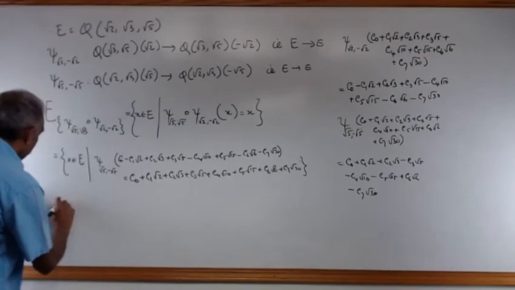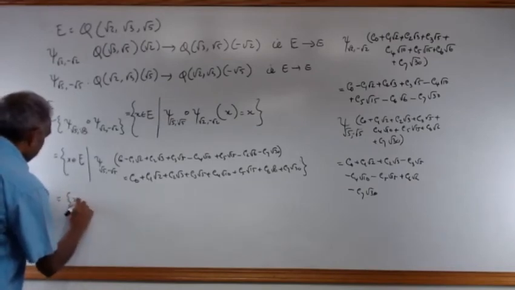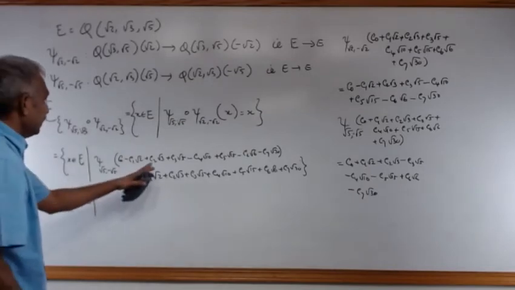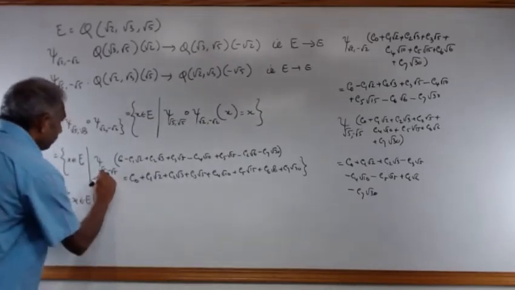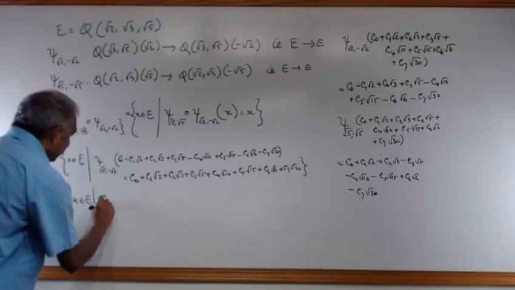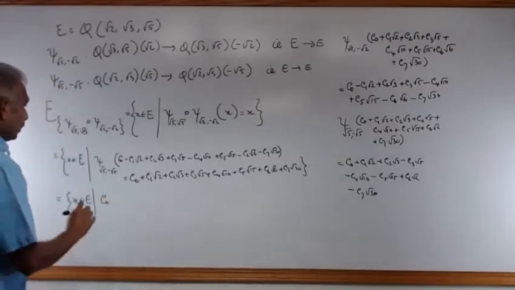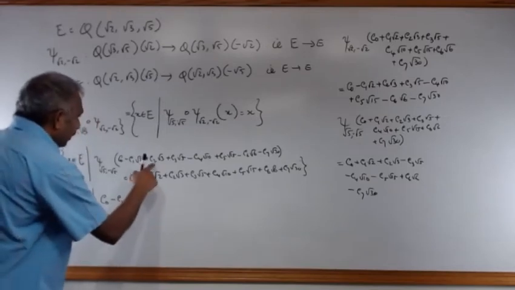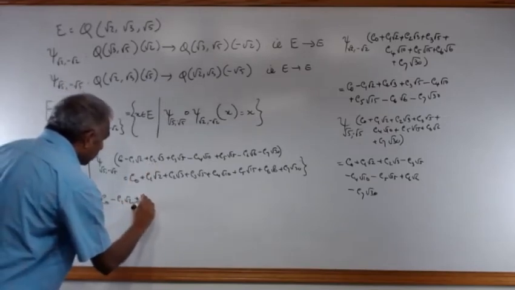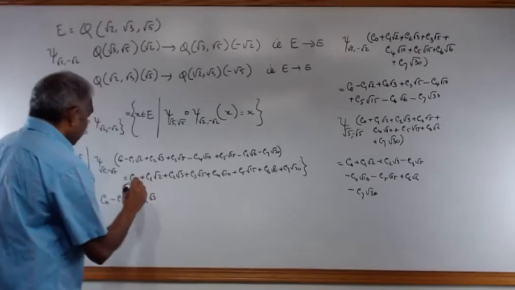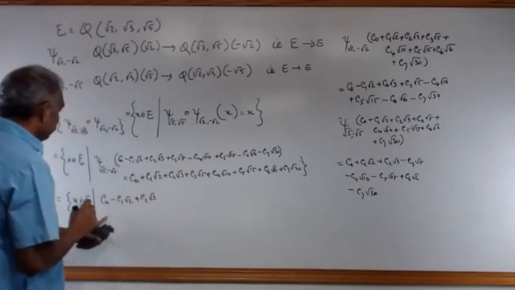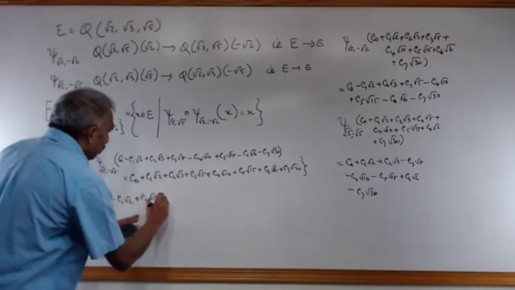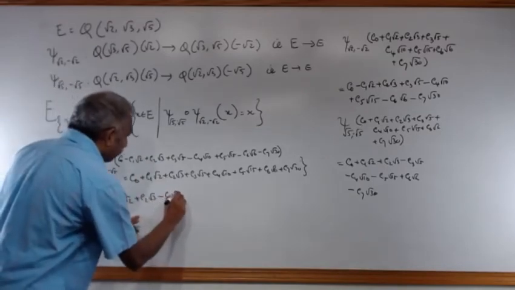That is x belongs to E such that, expand this again, that's going to be c0, no change here, no change here, this is going to be c3, c5.